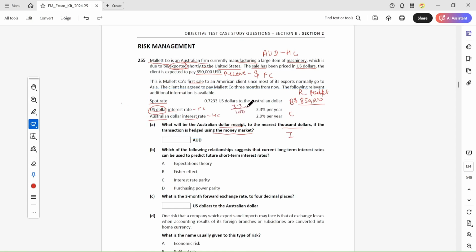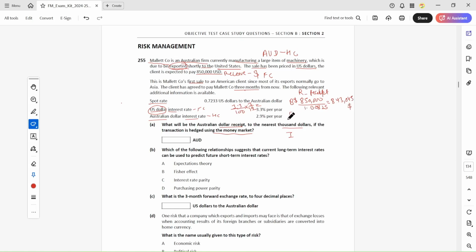3.3 divided by 100, multiplied by the number of months until we receive, which is 3 months. 3 divided by 12 equals how much? 3.3 divided by 100 multiplied by 3 divided by 12 is 0.00825. So the factor is 1.00825, and the answer is $843,045.